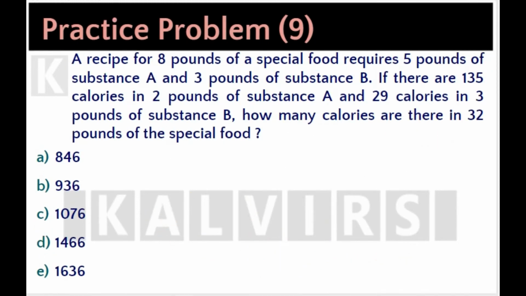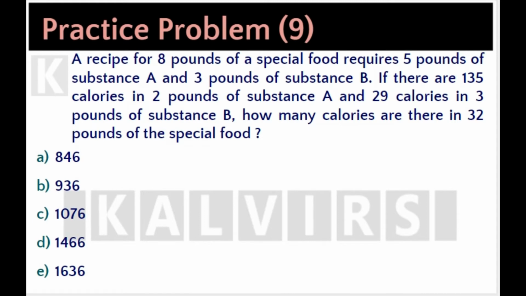A recipe of 8 pounds of a special food requires 5 pounds of substance A and 3 pounds of substance B. If there are 135 calories in 2 pounds of substance A and 29 calories in 3 pounds of substance B, how many calories are there in 32 pounds of the special food?